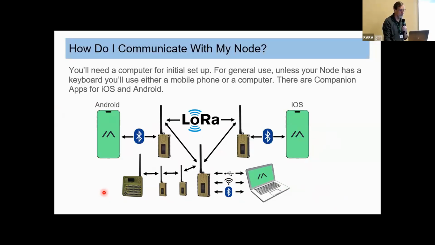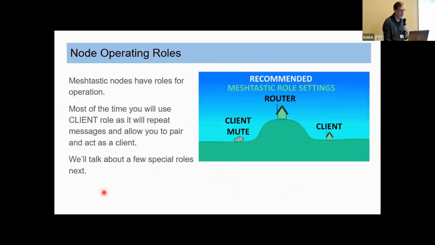So here, that just goes through what I'm saying. Okay. Now we're going to talk about nodes and their role. I'll start by saying that 90%, 95% or more of all Meshtastic nodes really ought to be configured as a client.